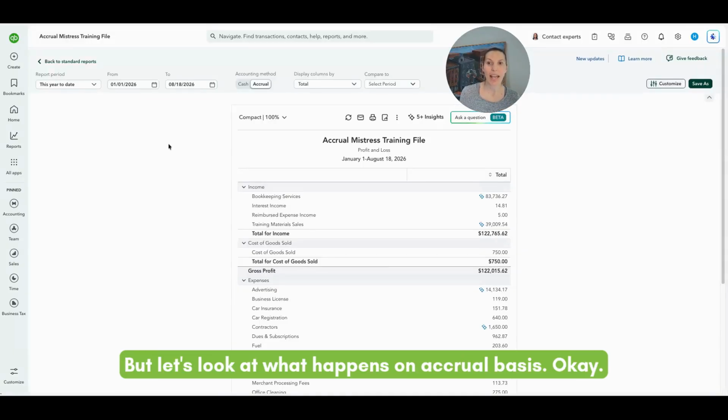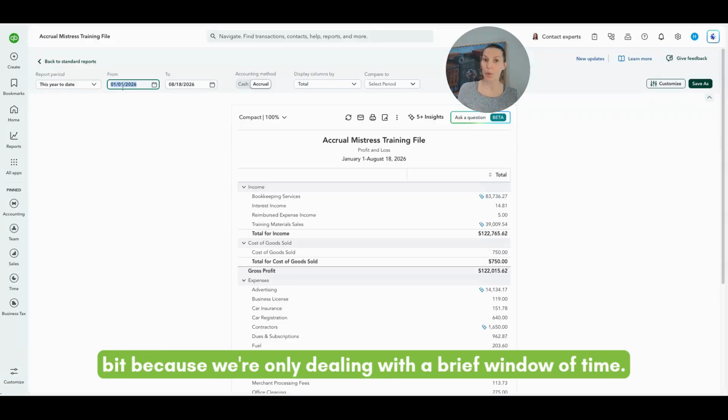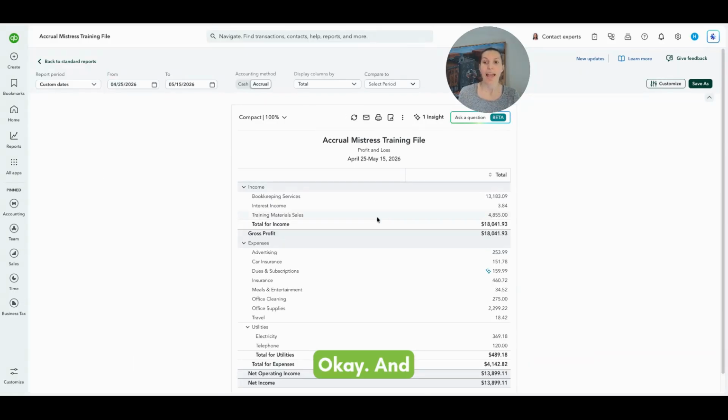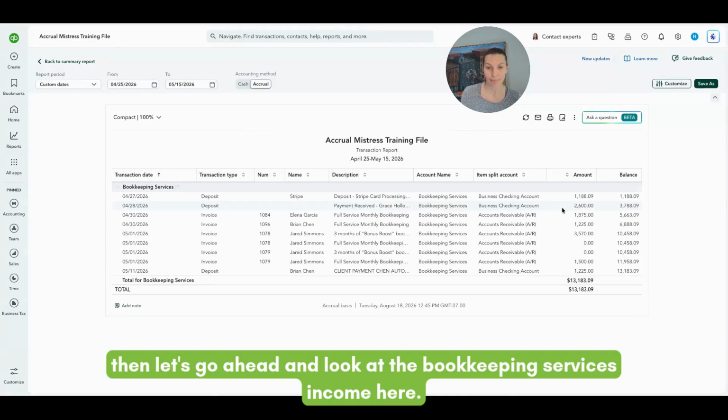But let's look at what happens on accrual basis, okay? I am going to filter this report down just a little bit because we're only dealing with a brief window of time. I'm going to say from 4/25 of earlier this year to 5/15, okay? And then let's go ahead and look at the bookkeeping services income here.